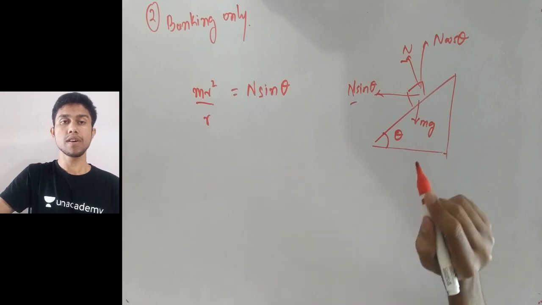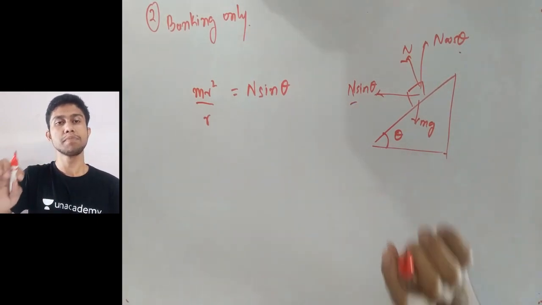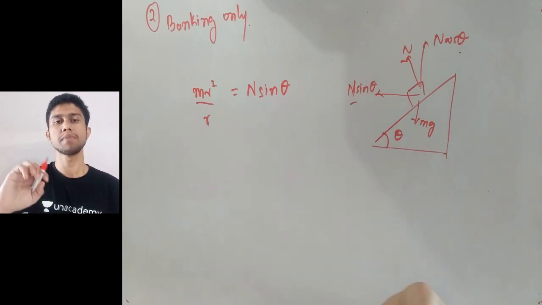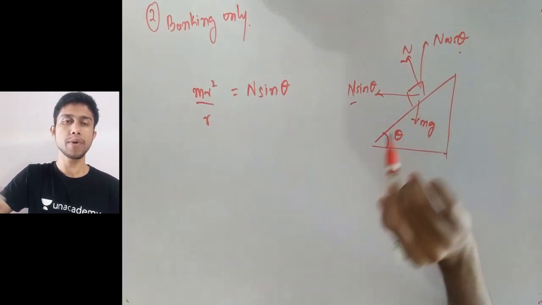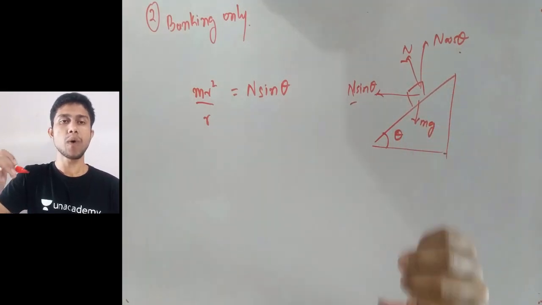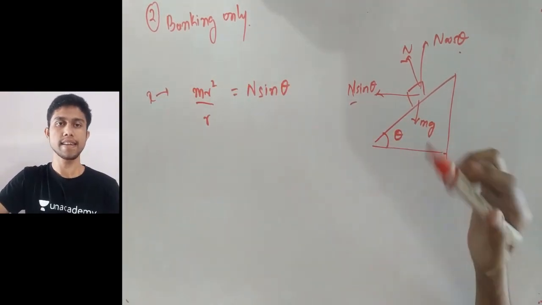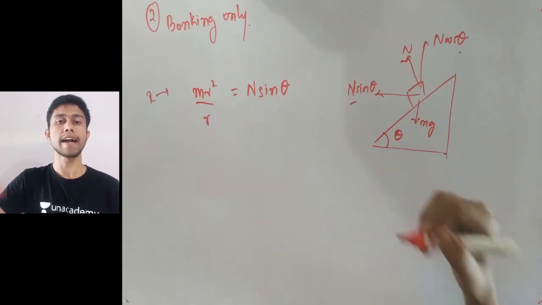Now, see, the body is performing a circular motion in the x-axis, as you can see here. But in the y-axis, the body, or the car, vehicle, or your cycle, is at rest.